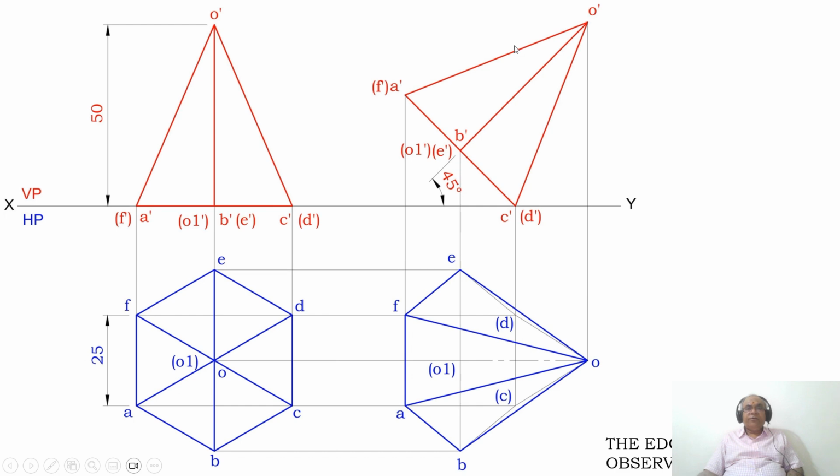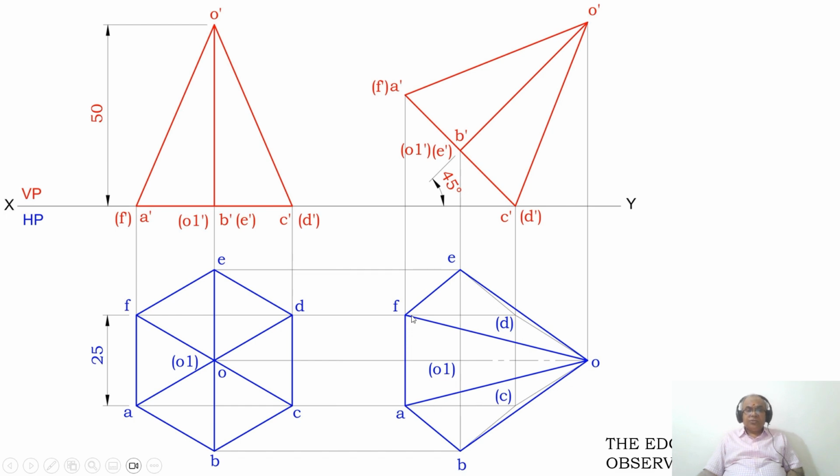As you look from the top view, O dash, A dash, F dash is the triangular face which is near to the observer. It is visible. How do I know that it is a triangular face? The top view of O dash, A dash, F dash is O, A, F, which is a triangle. So that is visible. So you dot between these three.